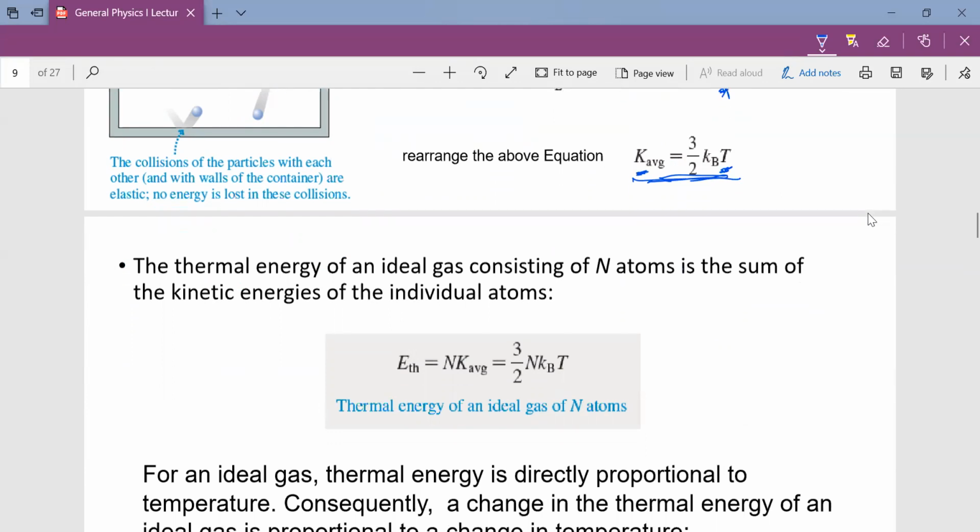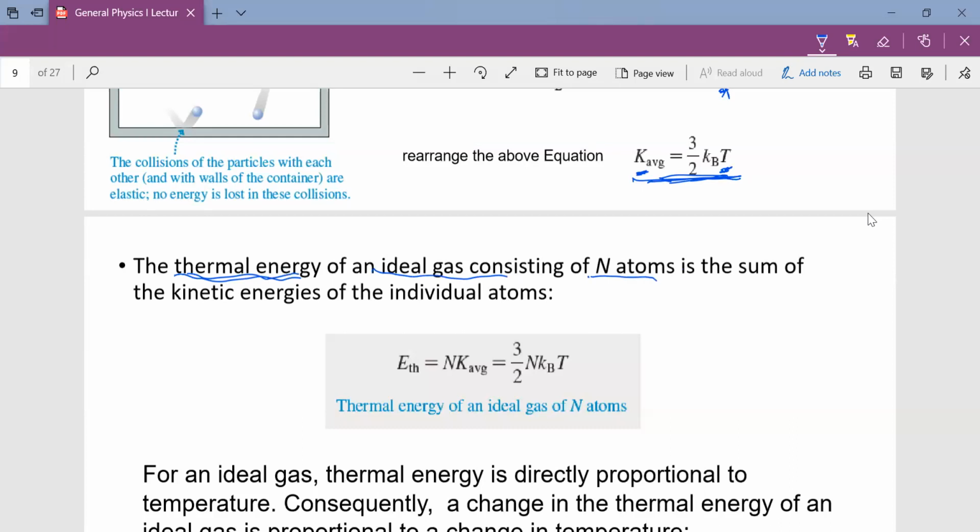Therefore, because we know thermal energy to be the sum of kinetic energy in the system, we can use this expression to define the thermal energy of the ideal gas containing n number of atoms.